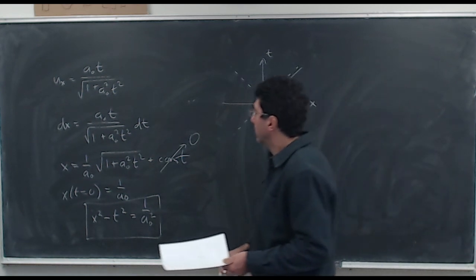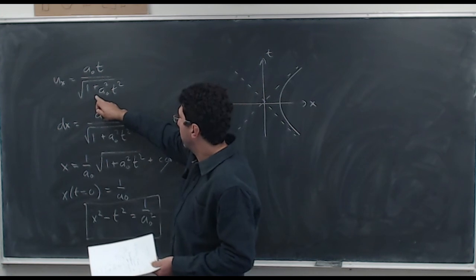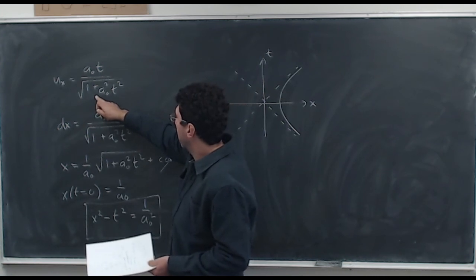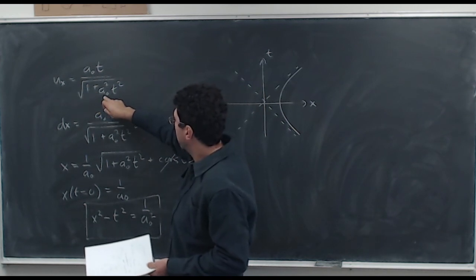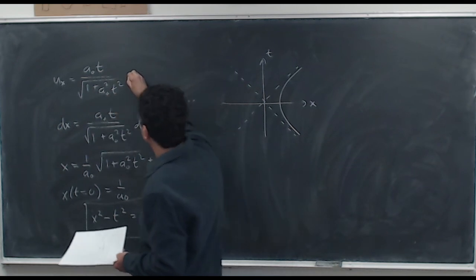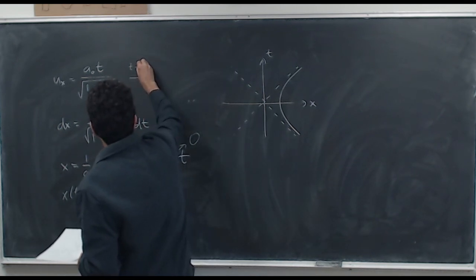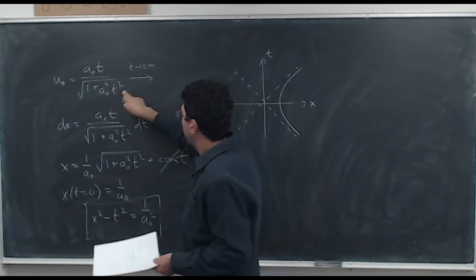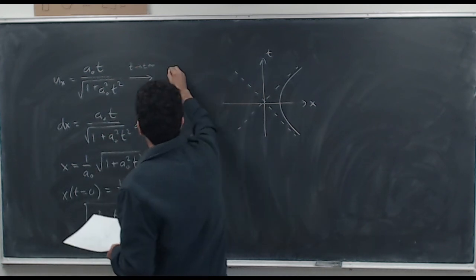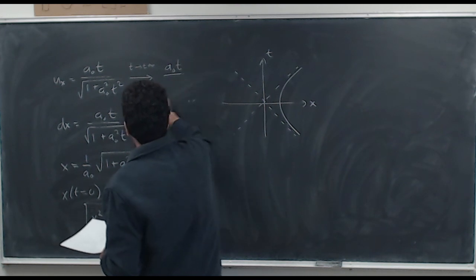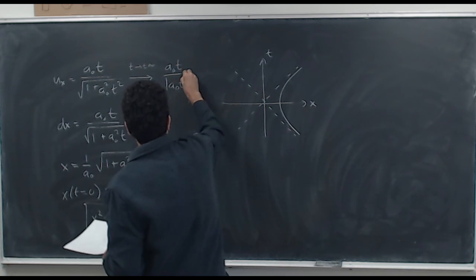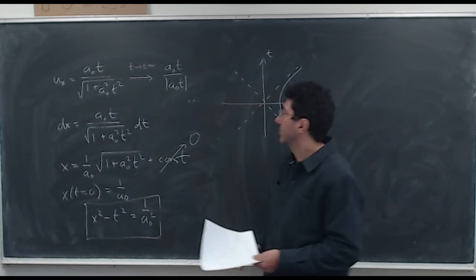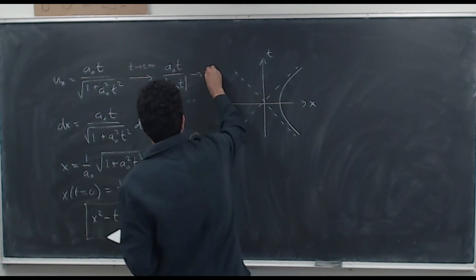So for example, you can see that from this expression right here. As t goes to plus or minus infinity, this term in the denominator dominates, and we have a0 t divided by the square root of a0 squared t squared, which is always the absolute magnitude of a0 t for large t, and this indeed goes to plus or minus 1.